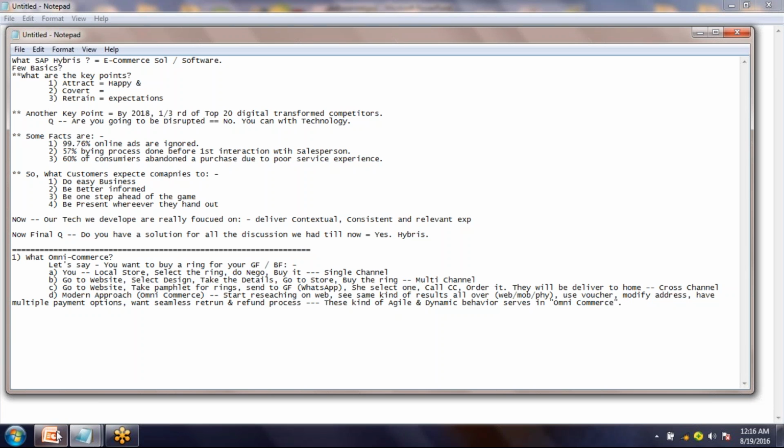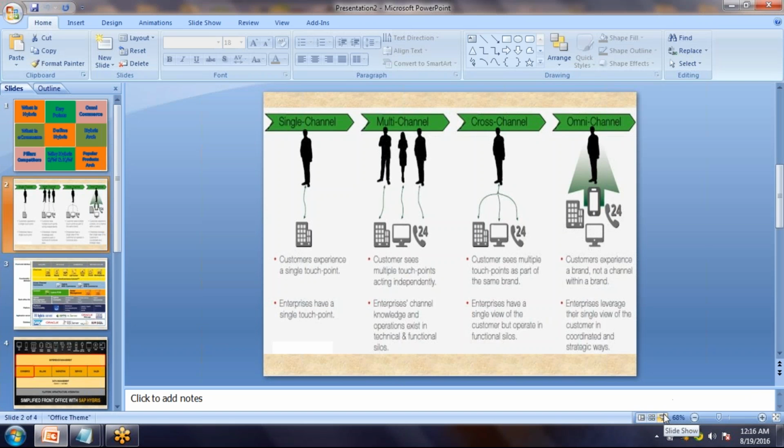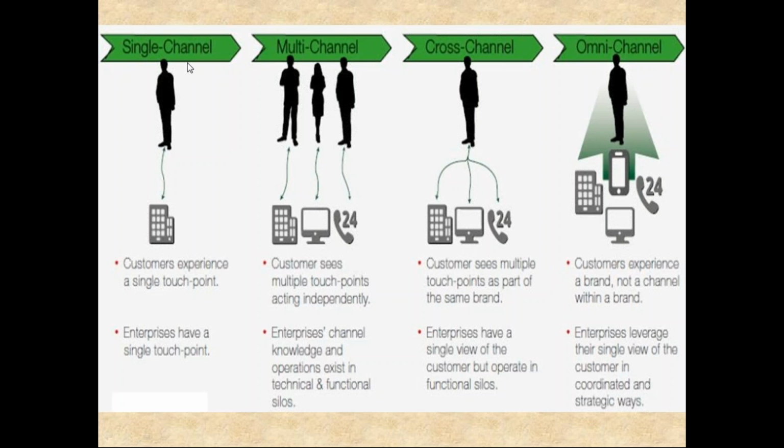Let me show you a small diagram which explains more about omni-commerce. Look at here. Single channel. In the single channel, the customer experiences a single touch point. That's what we have seen. In multi-channel, that means option B, the customer sees multiple touch points acting independently.